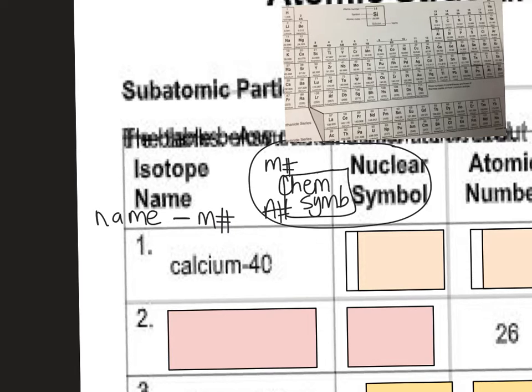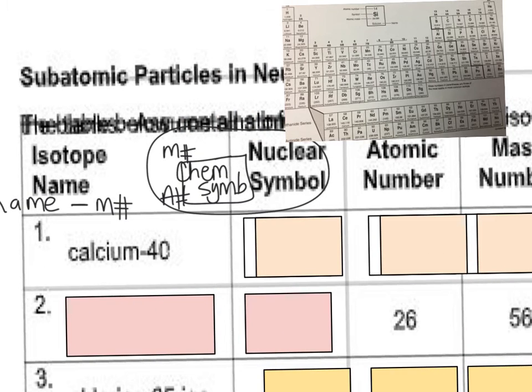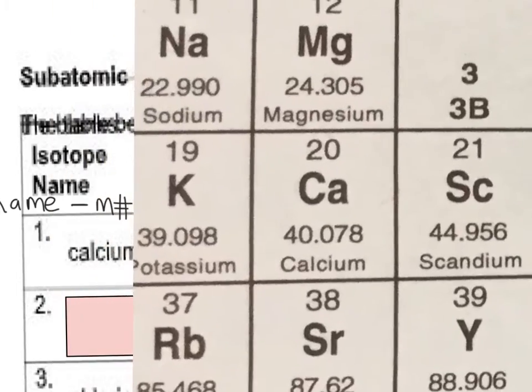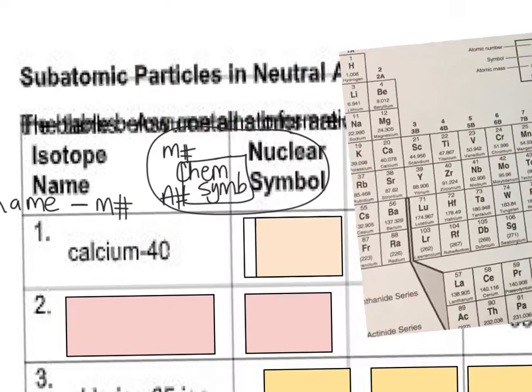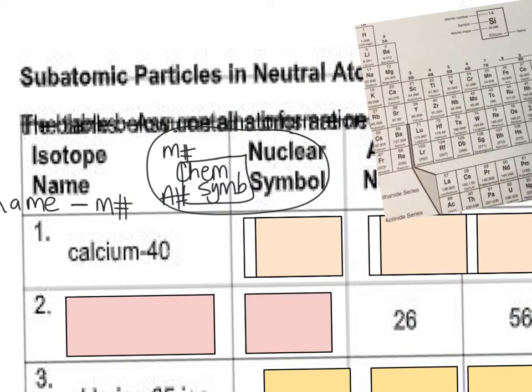All right, so looking at what we've got, we're going to set up our nuclear symbol. So we have calcium, the chemical symbol according to your periodic table, and that's what you're going to be referring to if you're not familiar with them yet. But you see that we have a Ca. So we're going to write Ca, and then the top number is going to be our mass number. So remember, this is your mass number. I gave that information already to you.